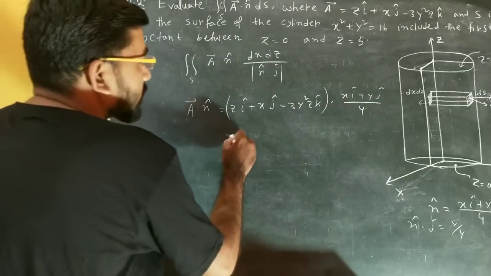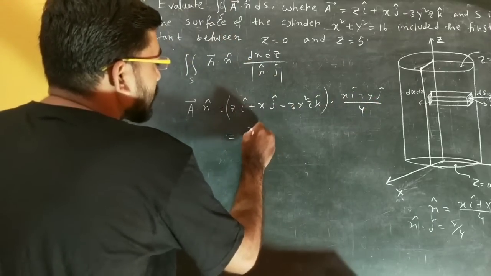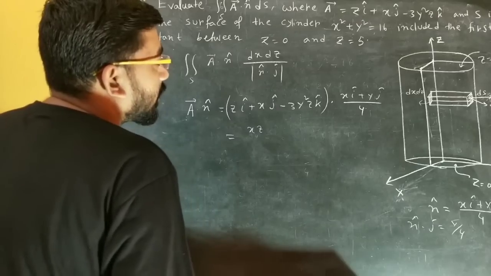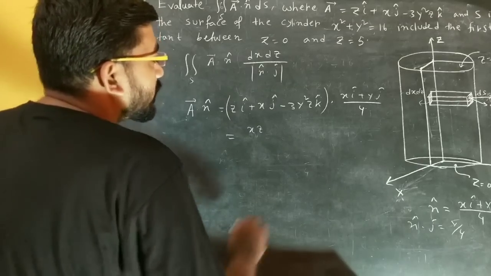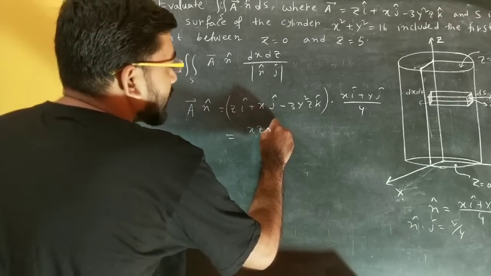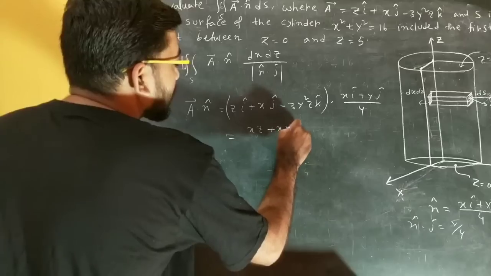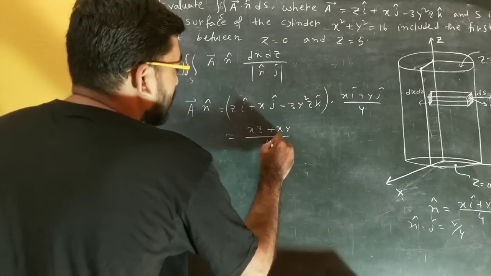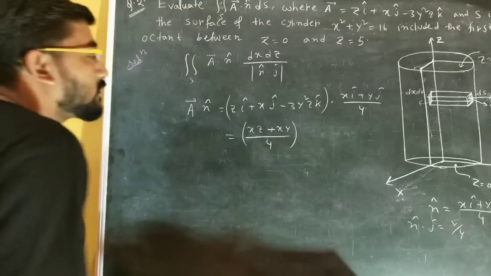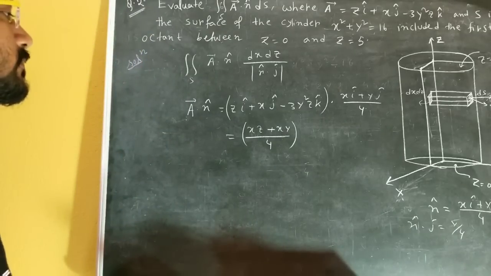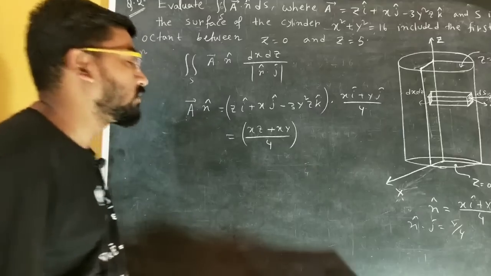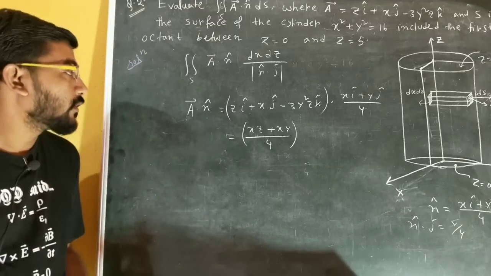So you will get xz by 4 for the i component, and for the j component it will be xy by 4. So xz plus xy by 4 is your A dot n cap.